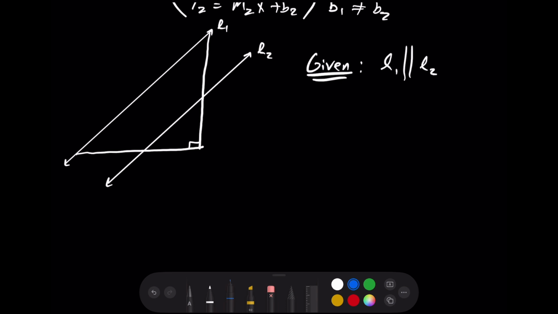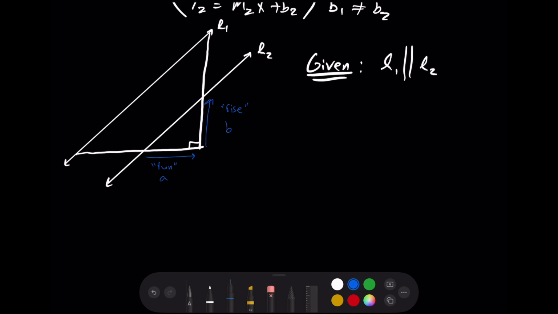Once again, if we think about the rise versus run situation, consider the smaller right triangle that goes with the second line. Right here we have our so-called run, and we'll just give that A units. There are A units of run, and here we have our so-called rise, and let's just say that's B units, whatever it happens to be.